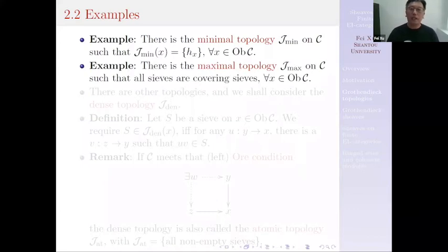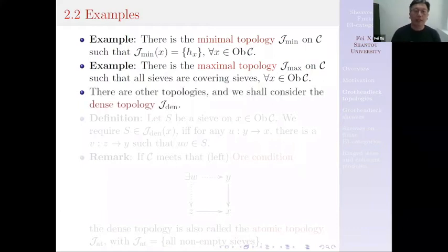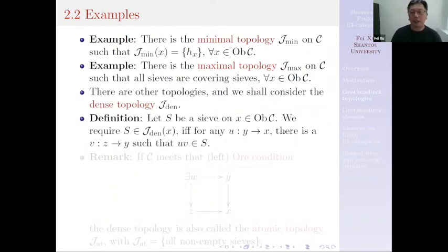The second is the maximal topology, where you take everything, including the empty sieve, and you can see it's also a Grothendieck topology. I call it maximal. But these two are not very interesting, so we have to examine something in between. And here comes the dense topology. The definition is concise, it's simple.